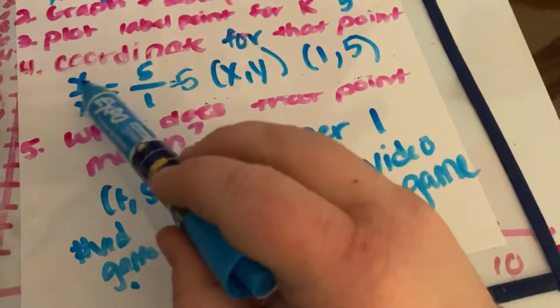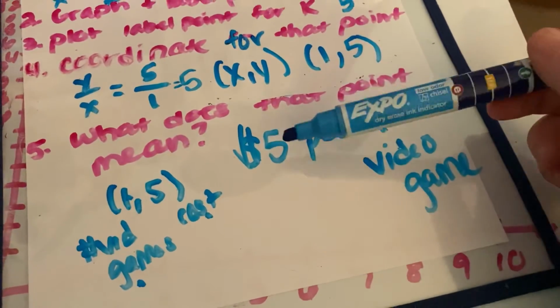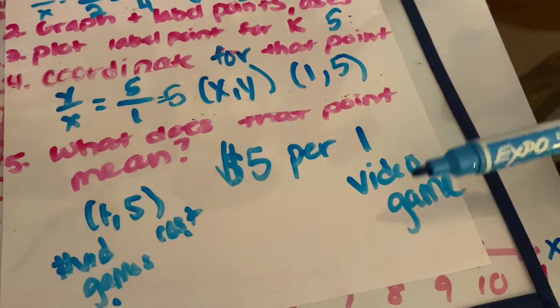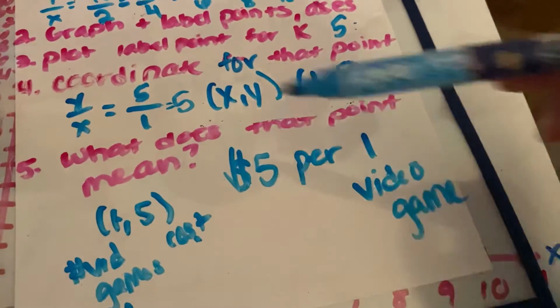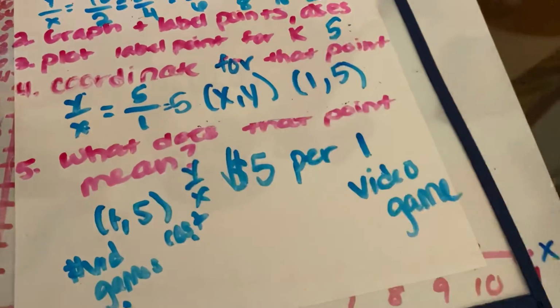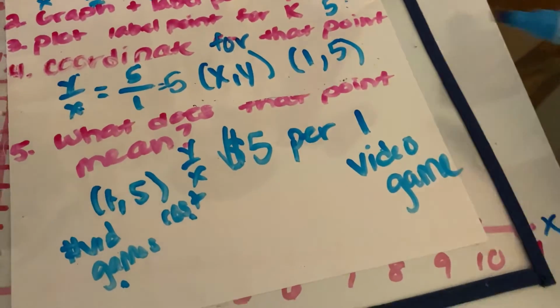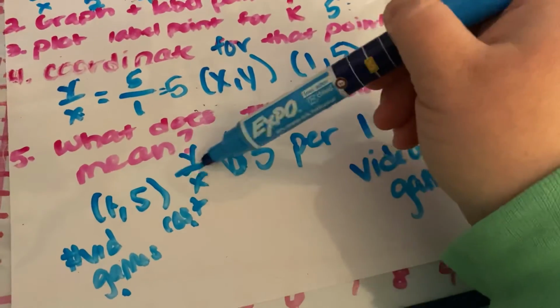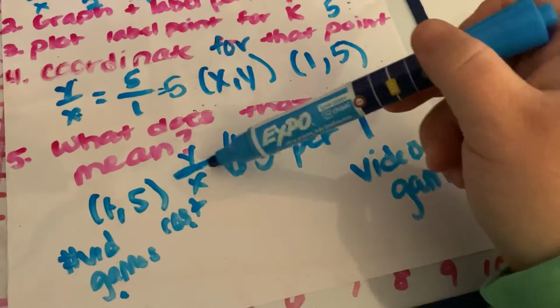So just like your ratio, your y is going to come first. I could say 1 video game costs $5, but it makes a little more sense to me when I do y over x. Y over x. So hopefully that'll help you guys too. When I think of it as y over x, I think of $5 per, that's our fraction bar here, 1 video game is that x value.